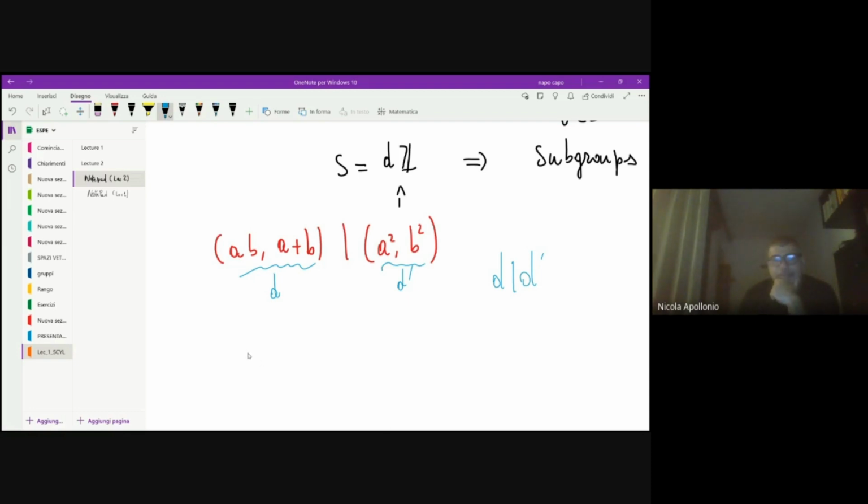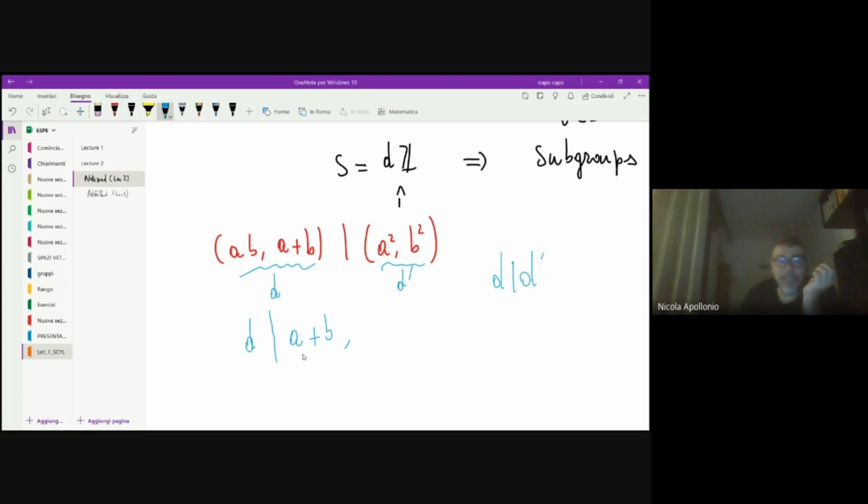Of course. So what we know, D is a common divisor of AB and A plus B. So D divides A plus B, but then if D divides A plus B, it divides any linear combination of A plus B and AB.